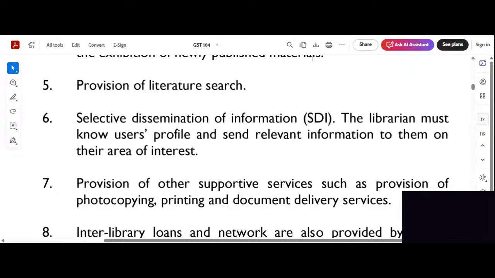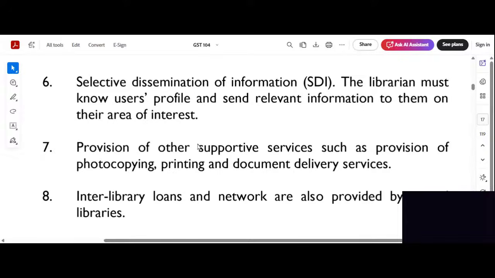So CAS, current awareness service, is general; selective dissemination of information is specific, which means a service that is specific to one individual or one particular research. So that is it. And it's only Dora that is answering me. The rest of you, you are just here for fun, no problem.